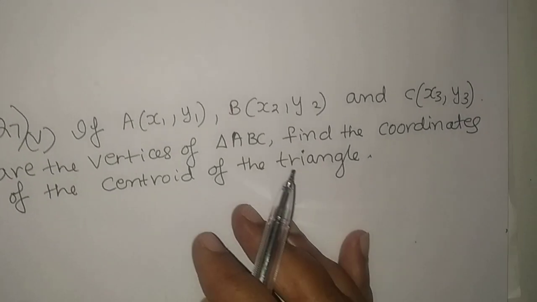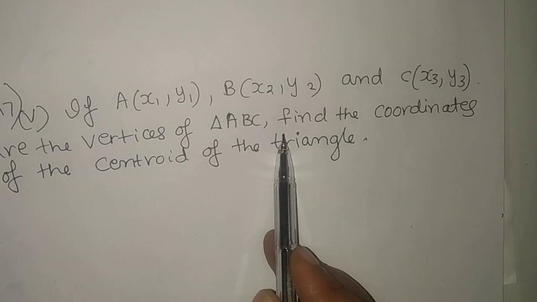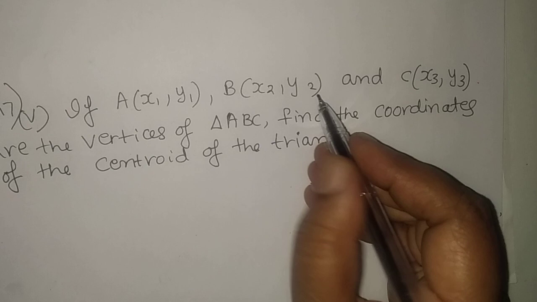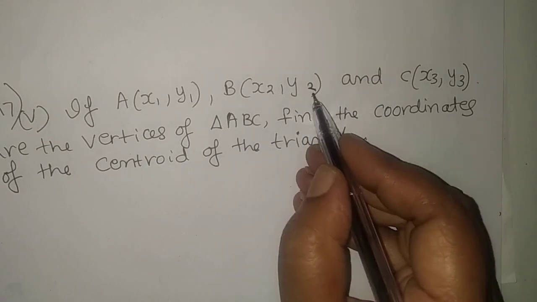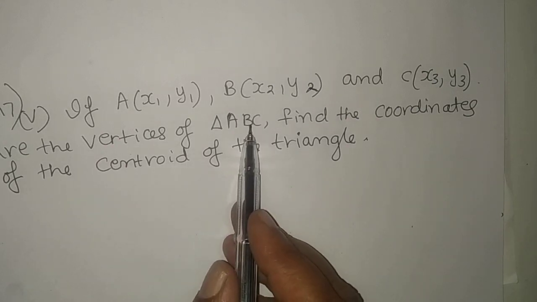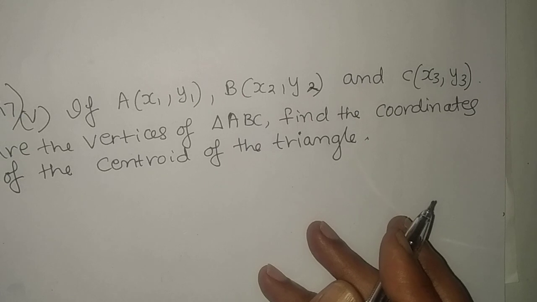Now we move on to question 7, fifth problem, the last problem in this exercise. If A (x1, y1), B (x2, y2) and C (x3, y3) are the vertices of triangle ABC, find the coordinates of the centroid of the triangle.